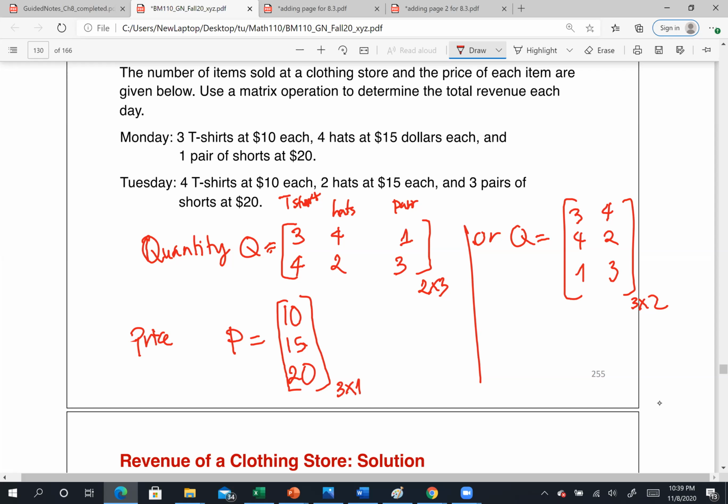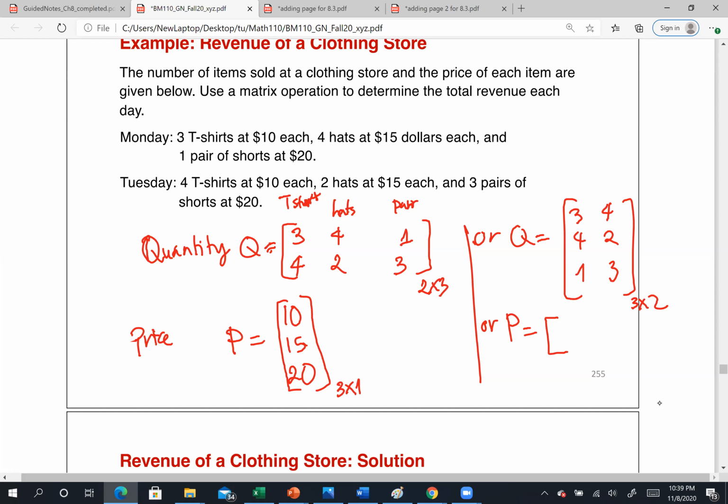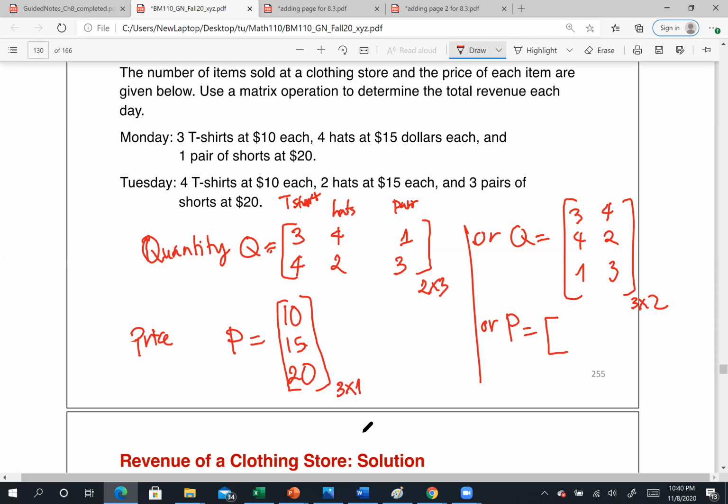So another way is if you use P for a Q is 3 by 2, then you're going to have P's in the... okay, so this case may be different a little bit.